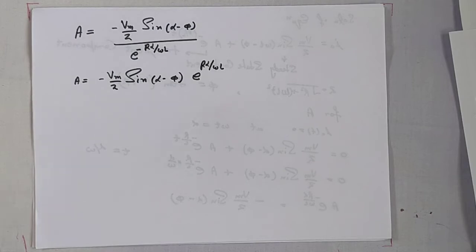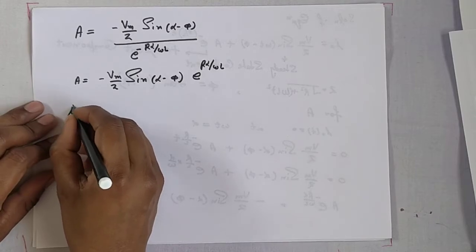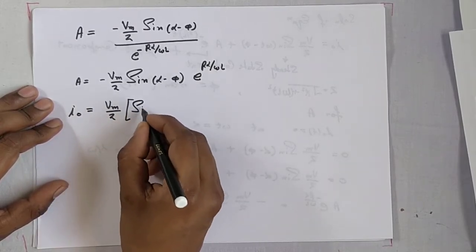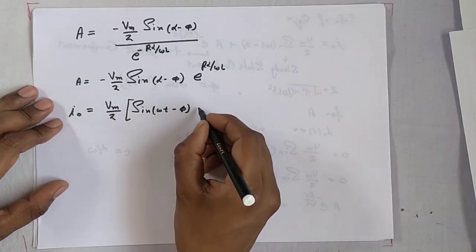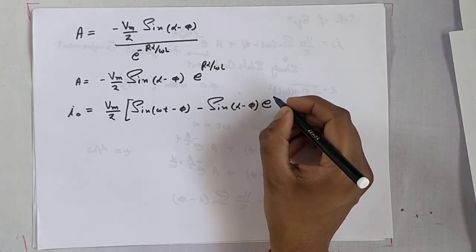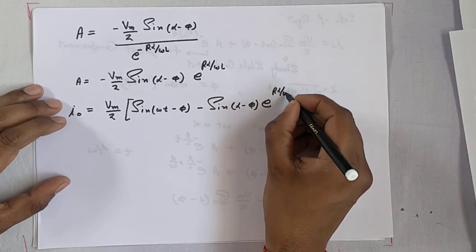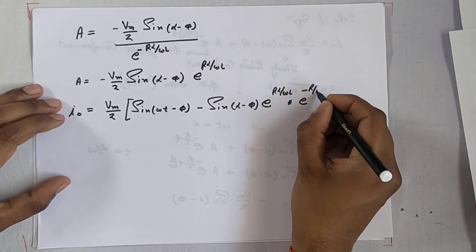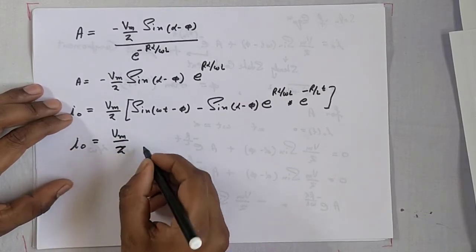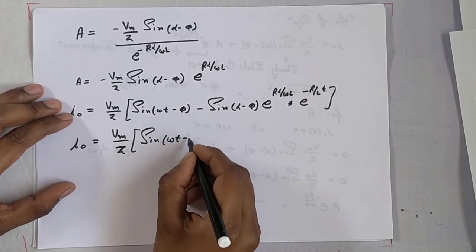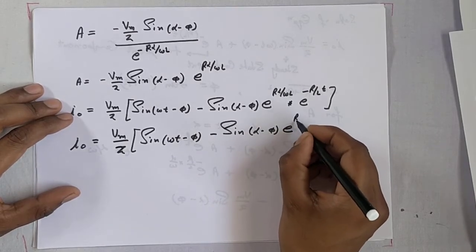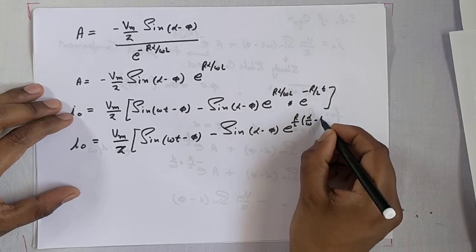Then I naught becomes Vm by Z [sin(omega t minus phi) minus sin(alpha minus phi) e to the power R alpha by omega L] into e to the power minus R by L into t, which is Vm by Z [sin(omega t minus phi) minus sin(alpha minus phi) e to the power R by L (alpha by omega minus t)].